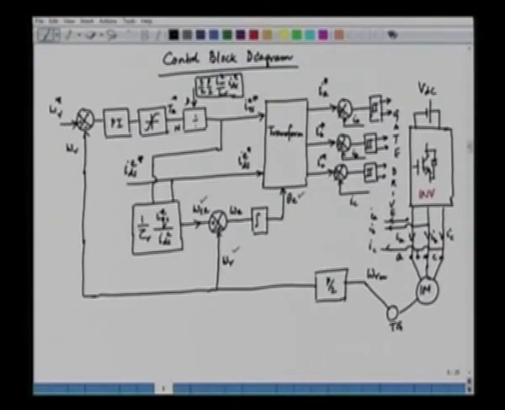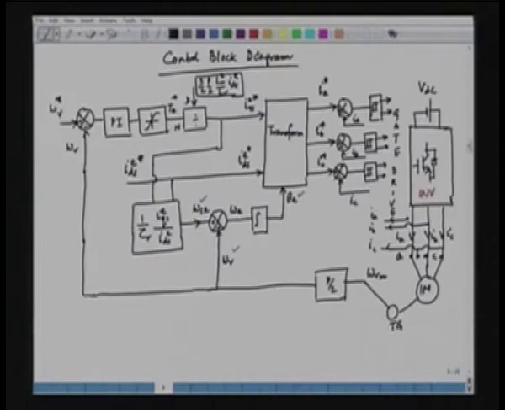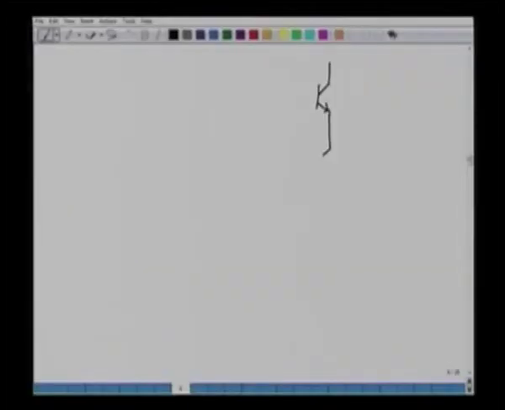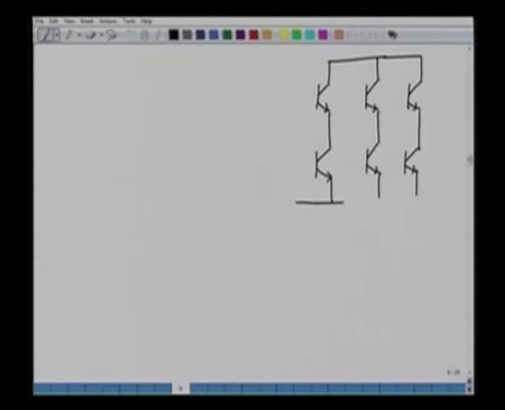If you see the structure of the inverter, this inverter would be a 3-phase inverter. Something like this.